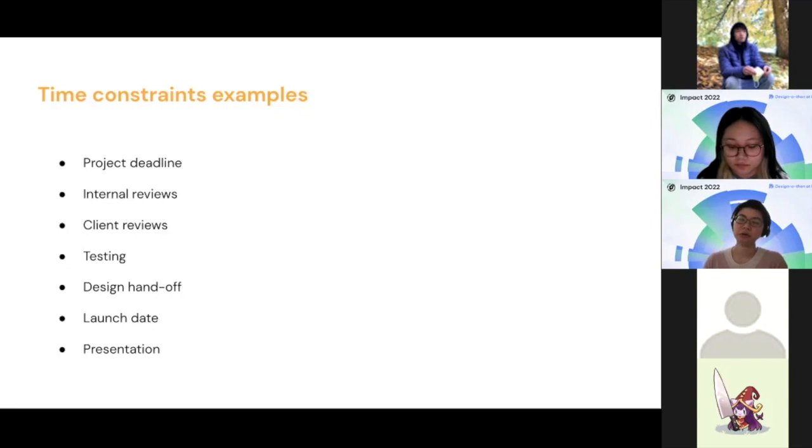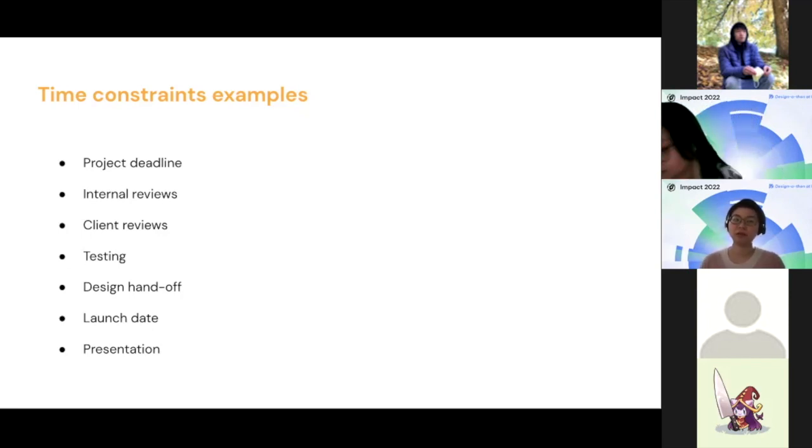There might be internal reviews, if you're working with clients, you might have client reviews, you might have a testing schedule that you need to think about. You might have to think about the design handoff, when it needs to be handed off to the engineering team. There may be a launch day that you need to consider. You might need to do a presentation. So time constraint is one of the most important ones that you need to think about.